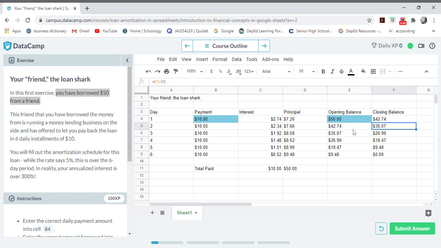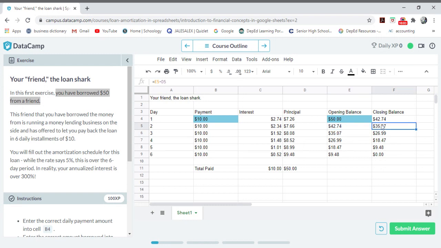And now we're going to proceed to the next one. We also have here the same. All you need to do is to subtract the value of your principal from your opening balance. And how did you get your opening balance? That's from your previous closing balance.